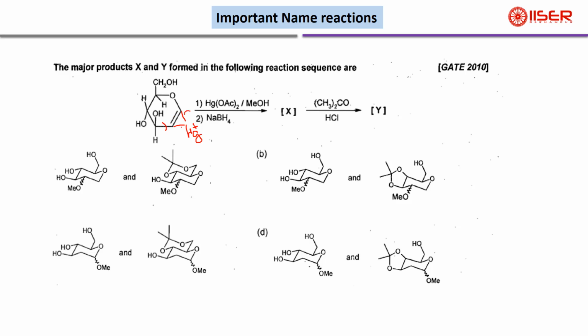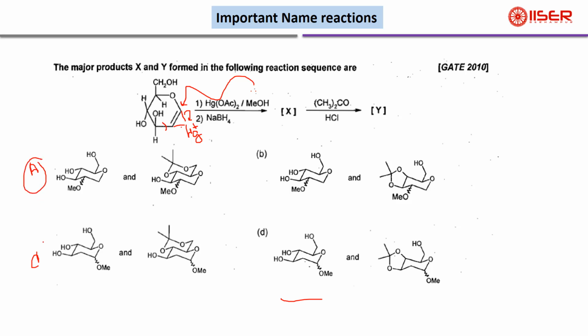So the ring will be cleaved at this position and methanol will attack this side. So the methanol will be adjacent to the oxygen atom. So the correct option is formation of this one. This has been given in the options. This is A. This is C.